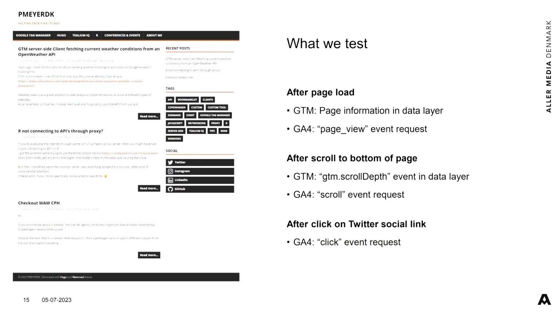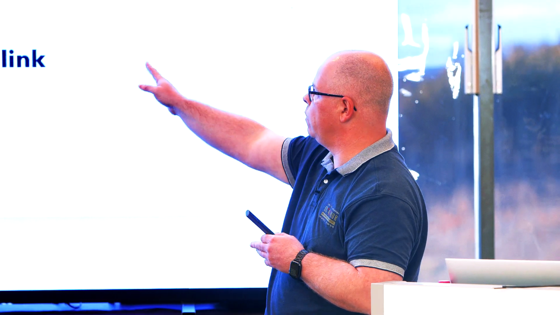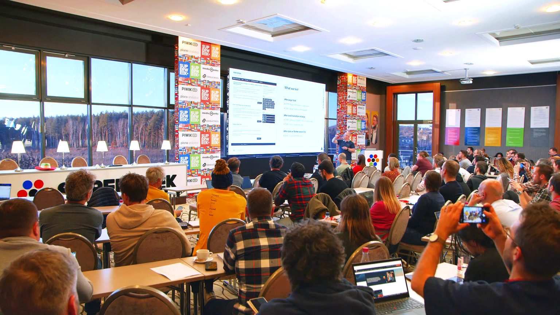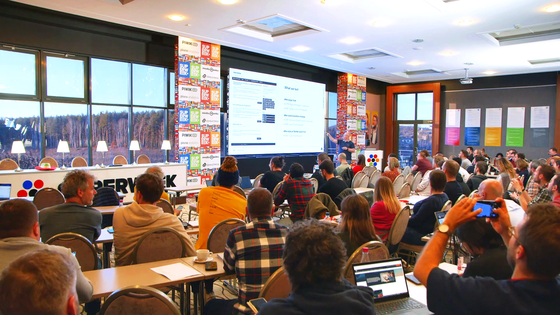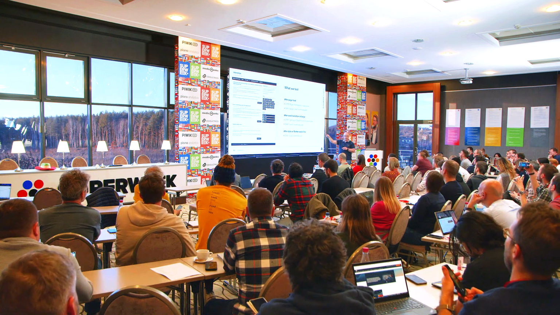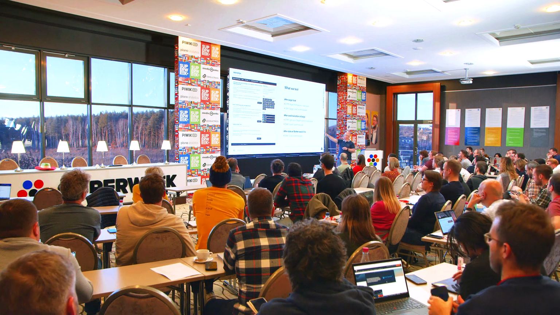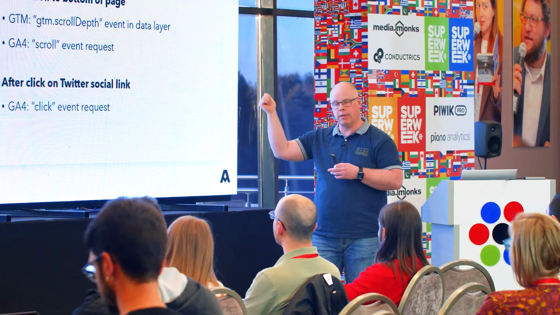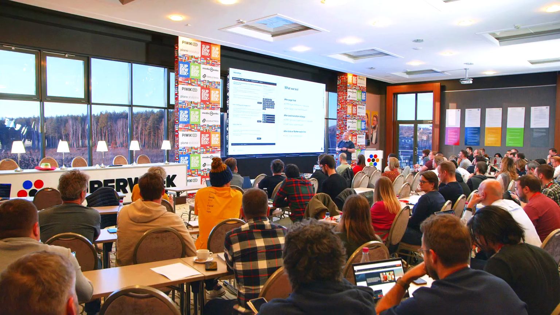Then what I wanted to look at was that when the page loads, that we have this page information I mentioned when the page is loaded, and that a page view request is sent to GA4 as well, including at least some of that information. And then to try some UI-ish things, scroll to the bottom of the page, and then check that a scroll depth event is put into the data layer of GTM, and then also that a scroll event has been sent as a request to GA4 servers.